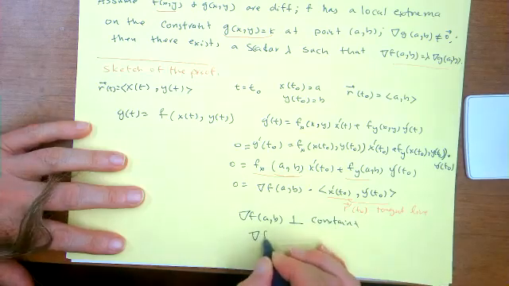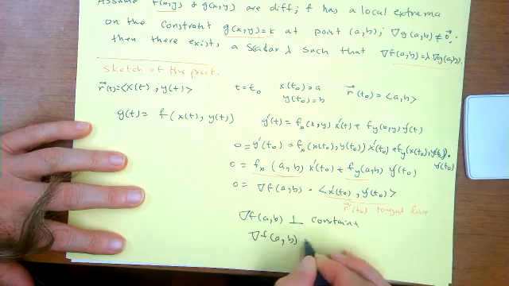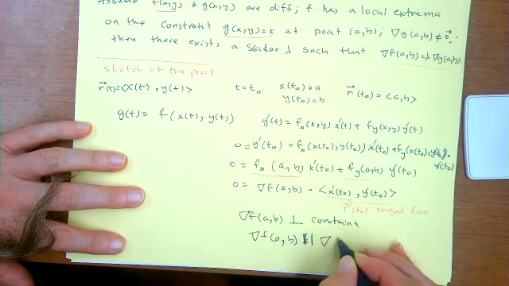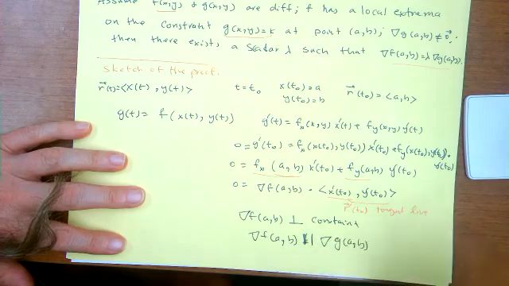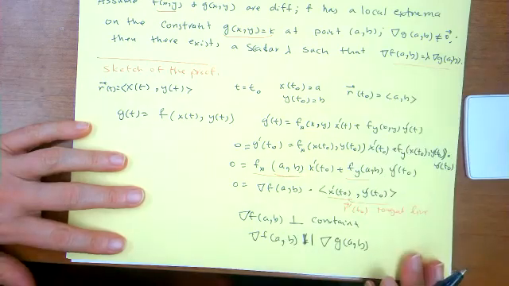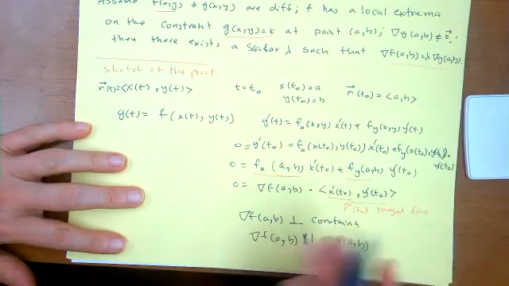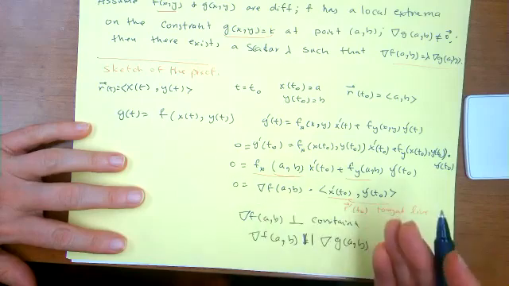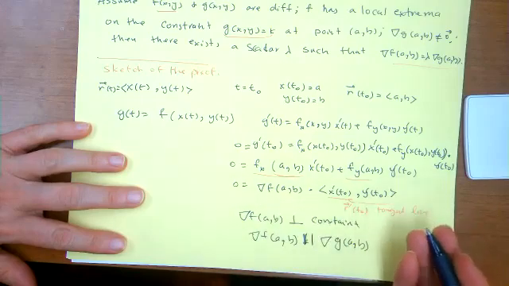Therefore, gradient of f at a and b is parallel to gradient of g at a and b. And that's the final result, because that's how two vectors are parallel: one is a scalar multiple of the other.